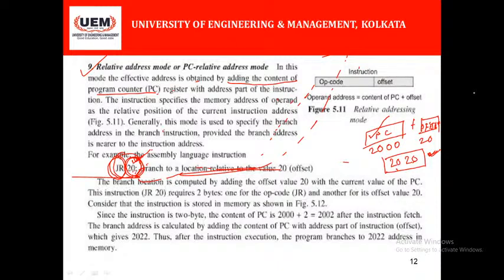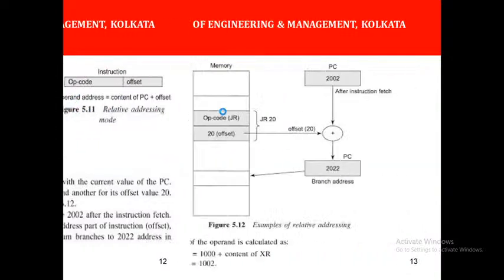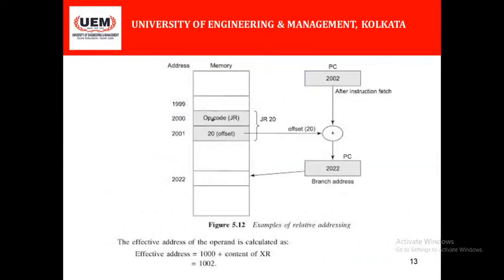So consider the instructions stored in the memory shown in this figure. If we concentrate on that, 2001 stores the offset required for the JR 20 instruction.